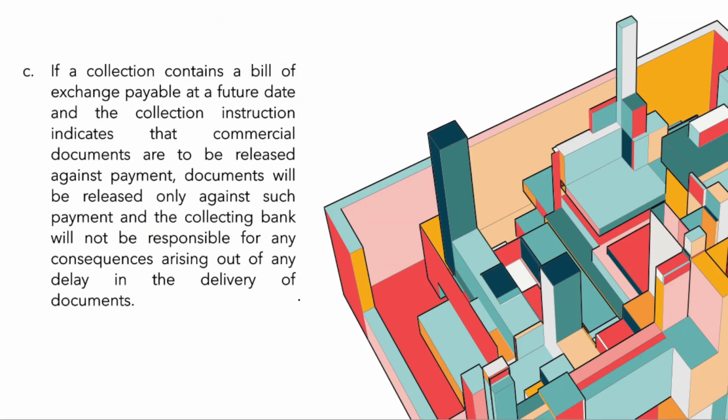Let's go to subsection C. If a collection contains a bill of exchange payable at a future date and the collection instruction indicates that the commercial documents are to be released against payment, documents will be released only against such payment and the collecting bank will not be responsible for any consequences arising out of any delay in the delivery of documents.